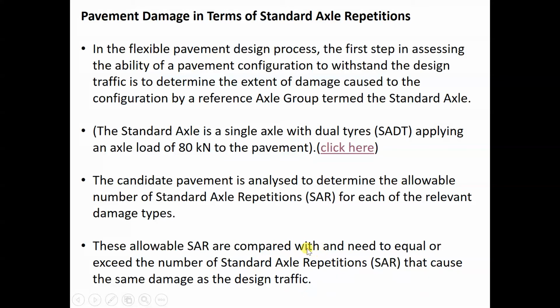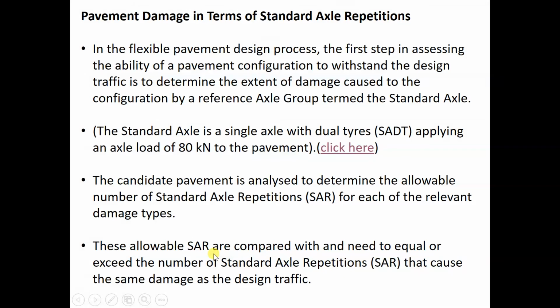So actually we got the allowable damage, the allowable standard axle repetition. This allowable means that you cannot exceed it for the asphalt, for the cemented material, or for the subgrade. If you exceed it, it will cause damage. It will cause failure for the pavement.